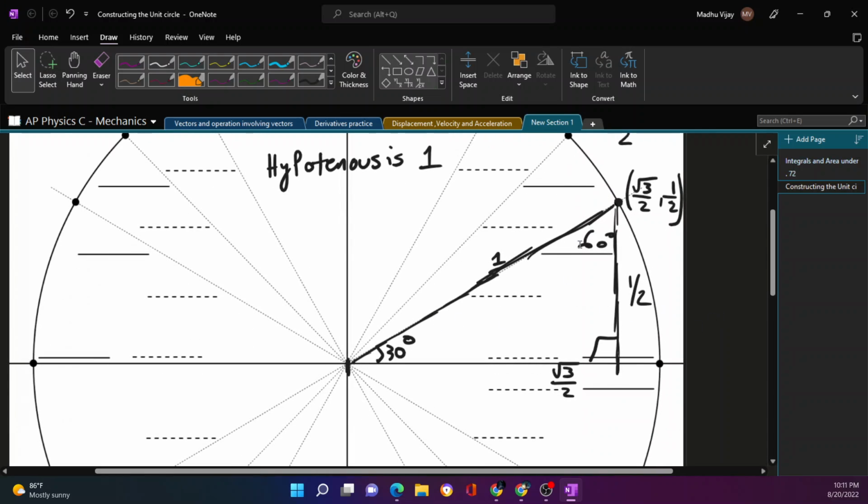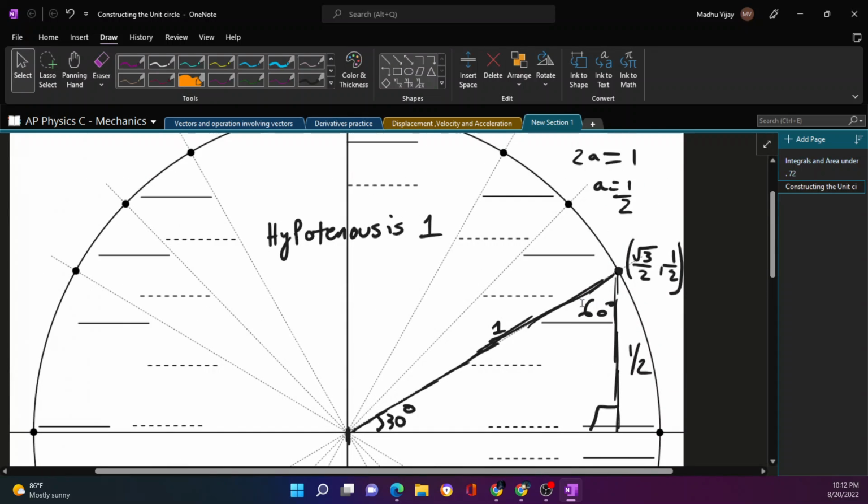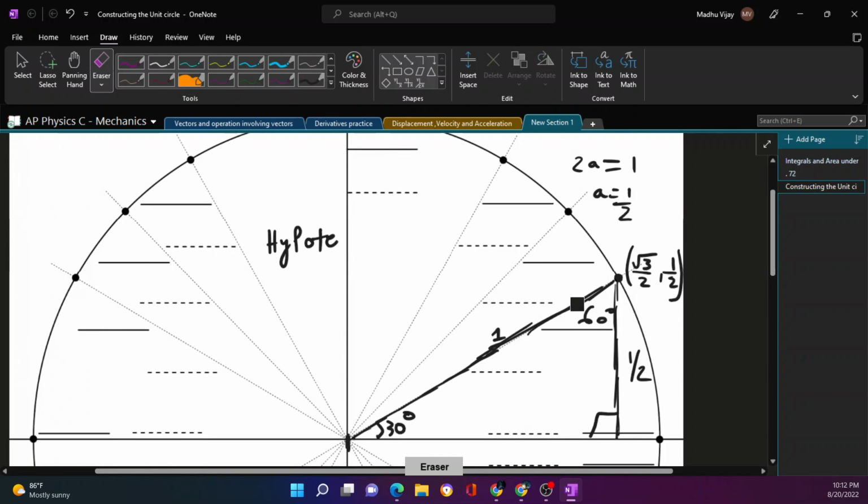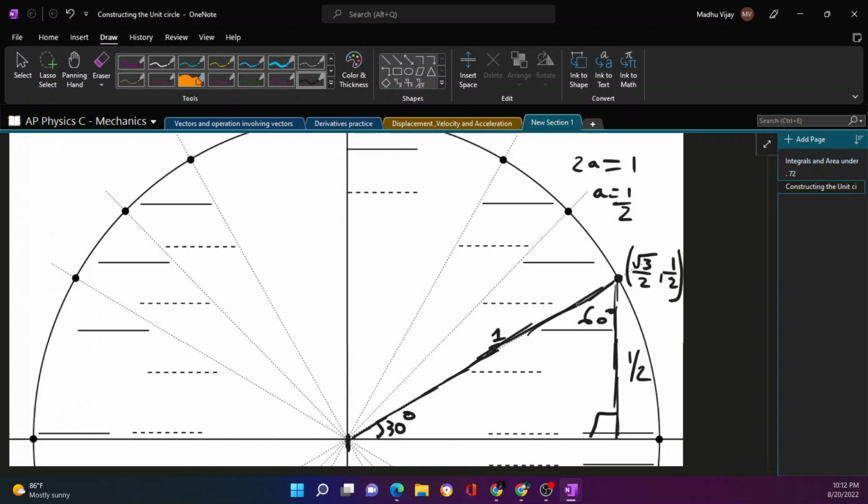So now we did this for our 30, 60, 90 triangle. Let's try to do this for the 45, 45, 90 triangle as well. Keep in mind the hypotenuse is 1. That's very important. Now for the 45, 45, 90, I'm going to construct another triangle here.